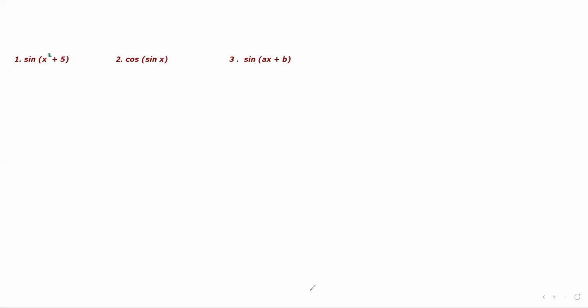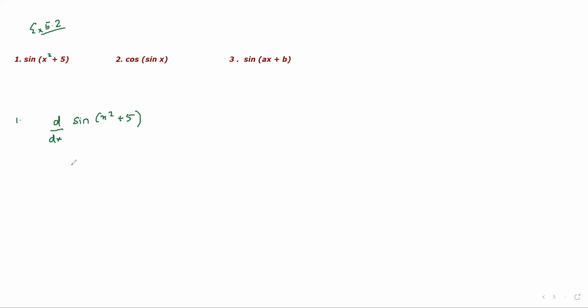So in exercise 5.2, these are the first three questions. What is the derivative of the first question? Sine square x plus 5. So d by dx of sine of x square plus 5. You can see that it is of chain rule form.